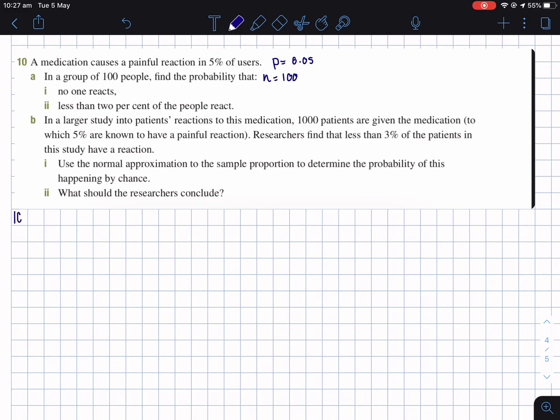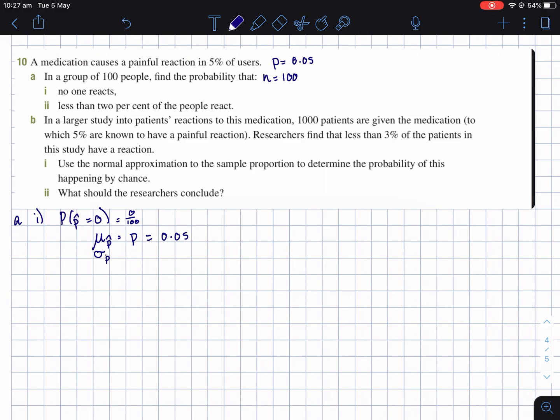So for part A, actually, what we want is the probability that the sample proportion is 0 out of the 100. We know the mean of the sample proportions is the same as the population probability, so it's 0.05.